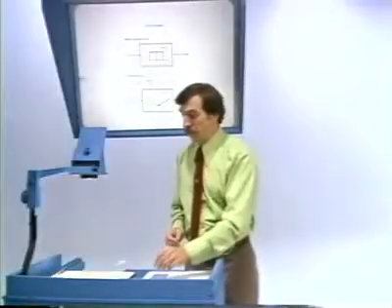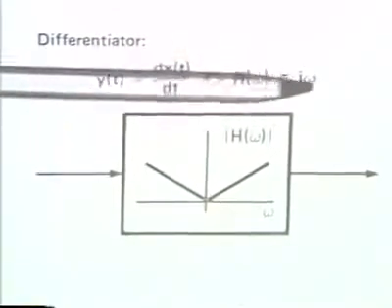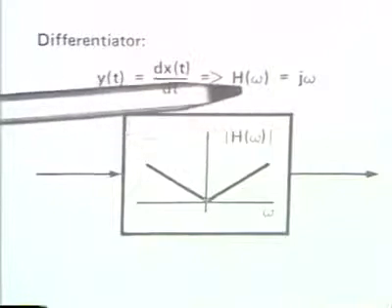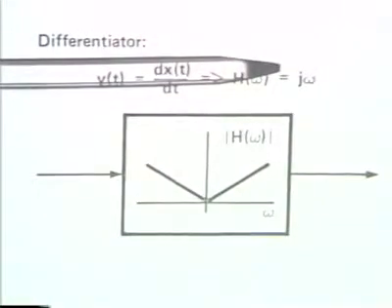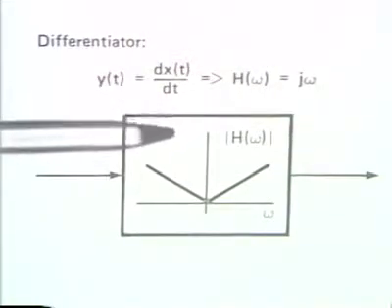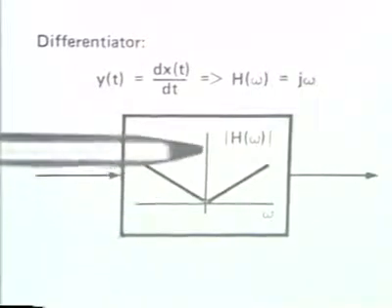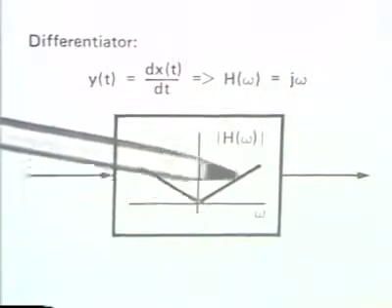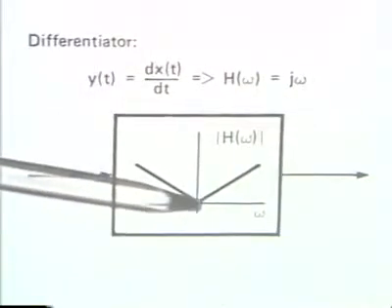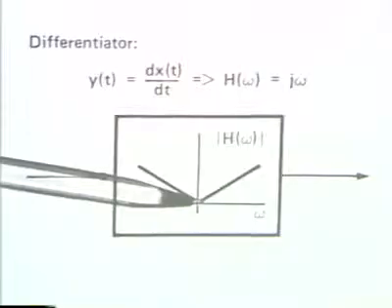So what that says then is that if we have a differentiator, the frequency response of that is j omega. In other words, the Fourier transform of the output is j omega times the Fourier transform of the input. And so the frequency response of a differentiator looks like this in terms of its magnitude. And what it does, of course, is it amplifies high frequencies and attenuates low frequencies.